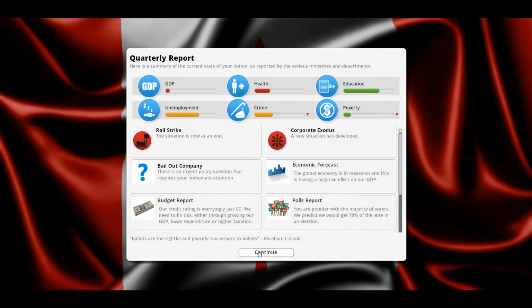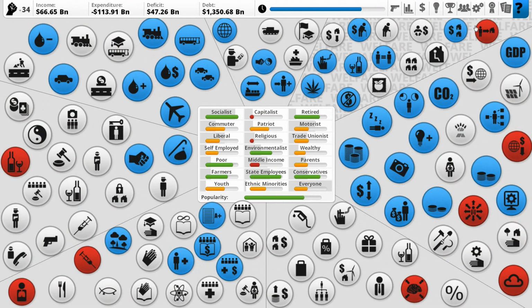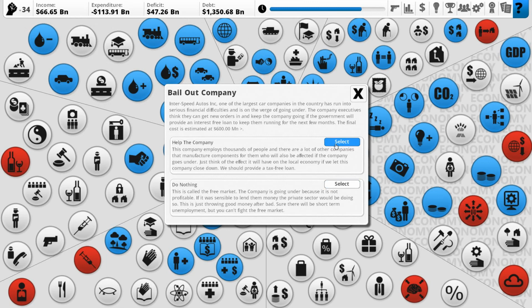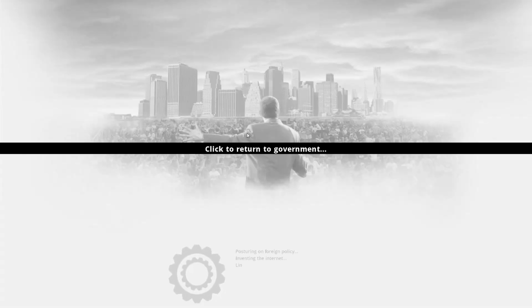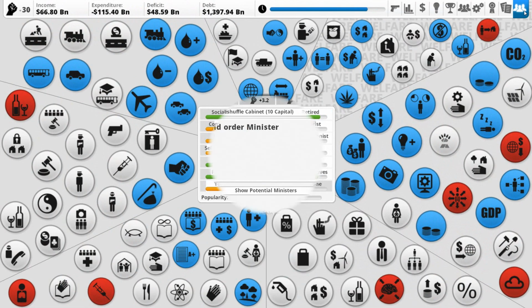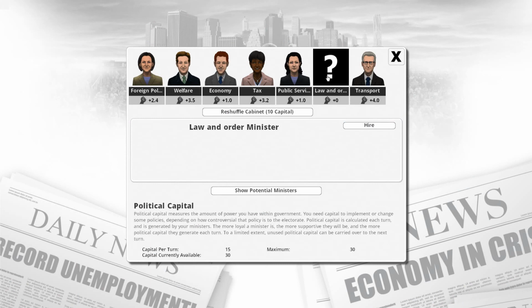Assuming I don't get assassinated in the meantime. Bailouts? Yeah. I've never heard anything good about bailouts on the news, so. Oh, I have to.